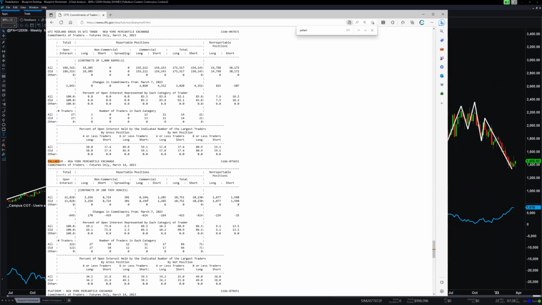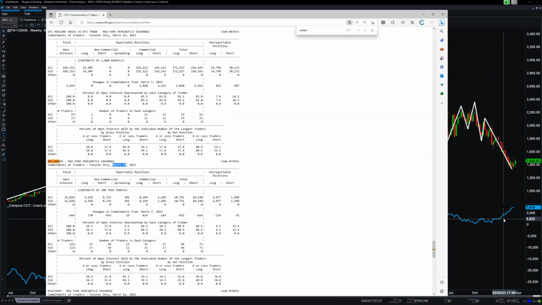So we could now look at the commercials, the longs versus the shorts as of March 14th, but the report as of March 14th is probably not yet baked into this indicator right here, as I said, because there is a delay of when that data is reported and then when that data flows into the indicator as well. There's going to be roughly always about a week delay or maybe more.